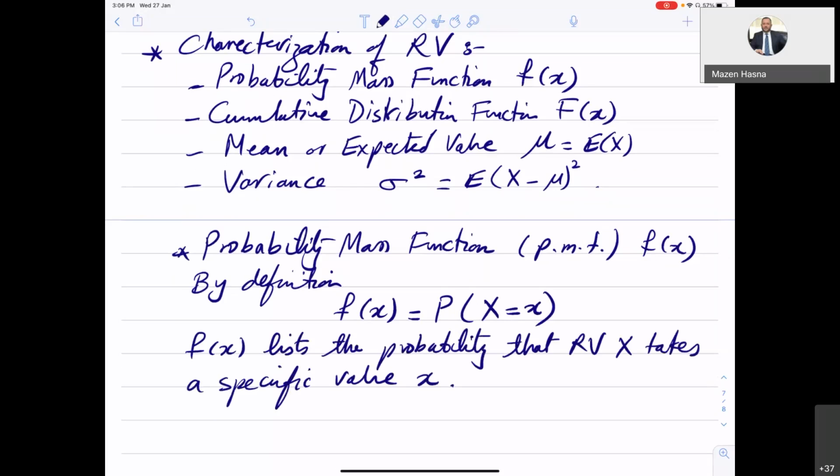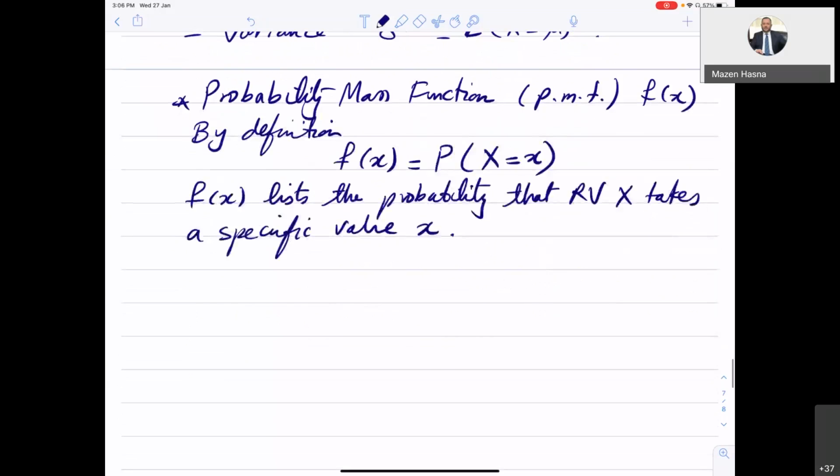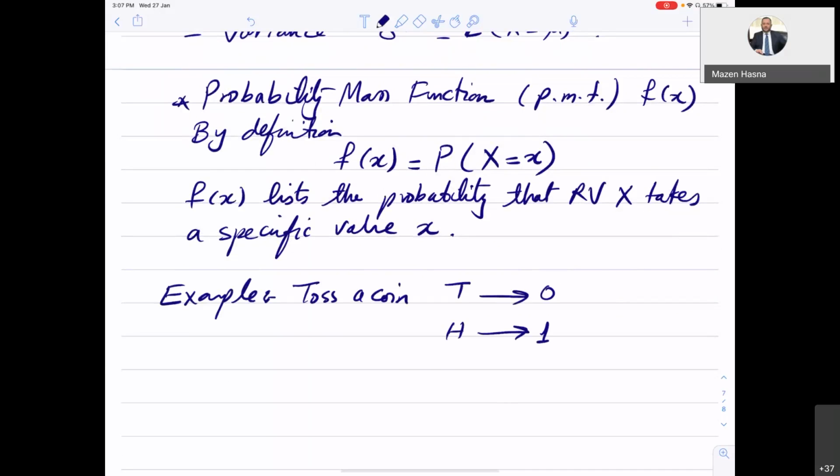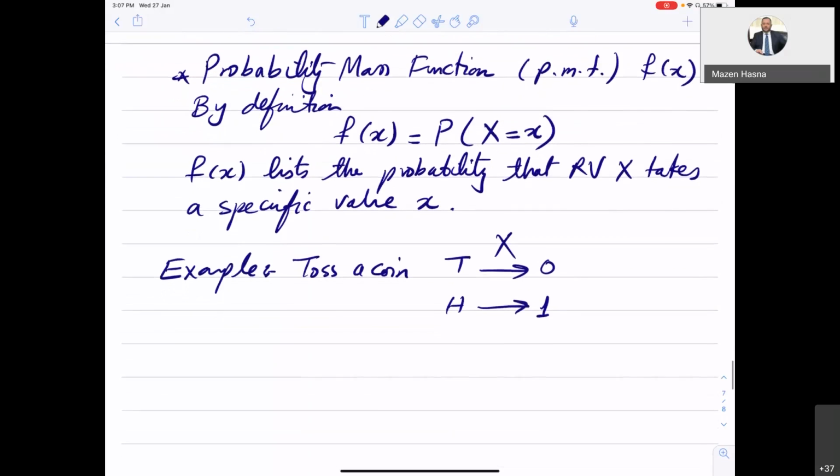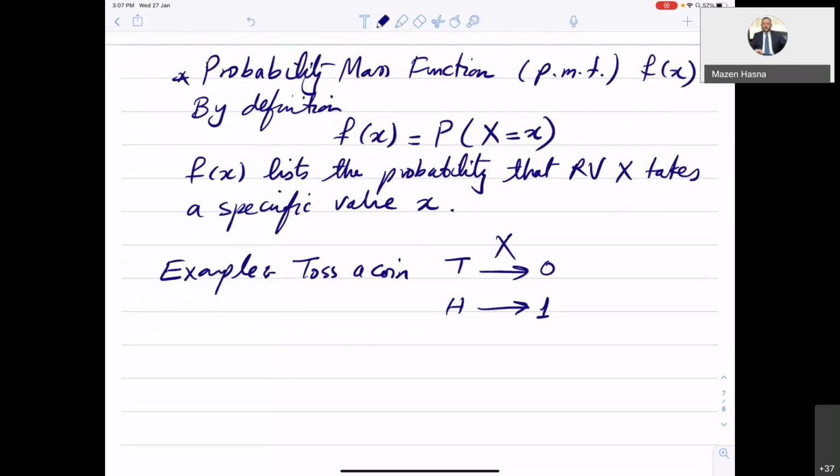طيب شو يعني؟ Let's do an example. Again, let's toss a coin. And we know that we'll have head and tail. Then I define a random variable. If it's tail, I will say 0. So this is my random variable X. So now, what is f of 0 for random variable X?